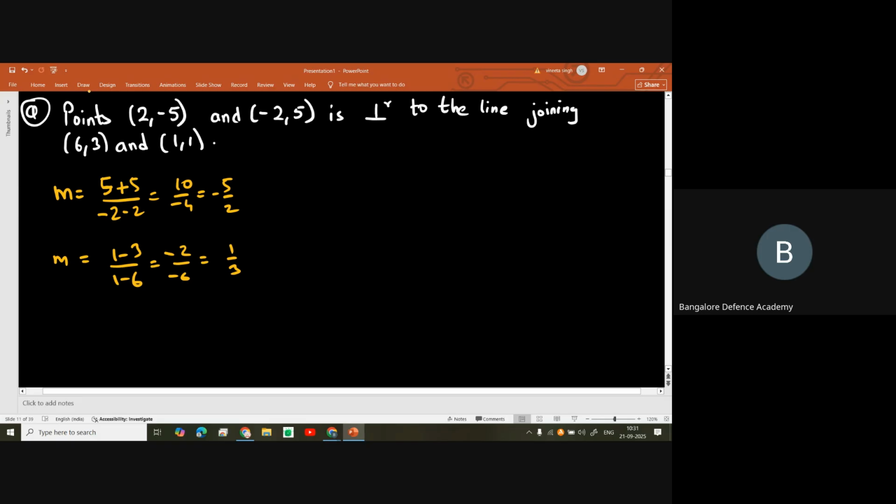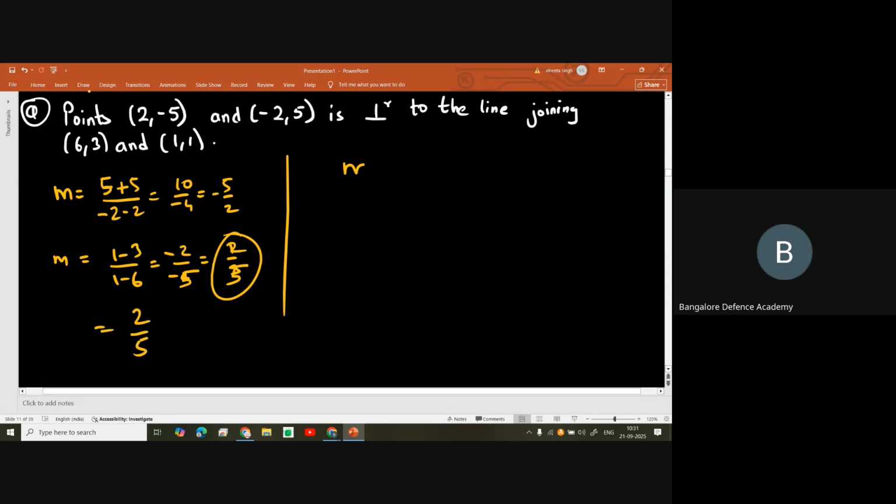Is it right? No, sir. 1 minus 6 is minus 5. This was done wrong. So minus 2 by minus 5, you get 2 by 5. The second slope will be 2 by 5.